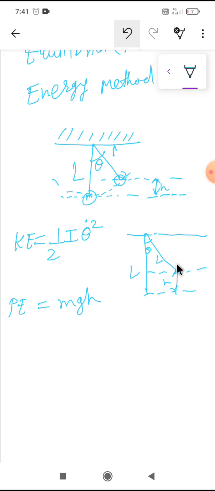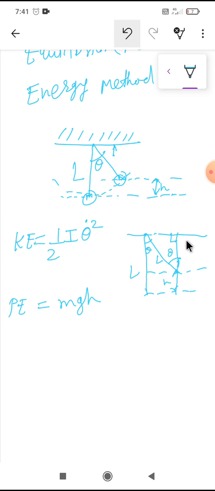What I will do is extend a line at 90 degrees to this. Here, as we can see, alternate angles are created, so this angle will also be theta. Now if I can find this length, then I can find the value of h.